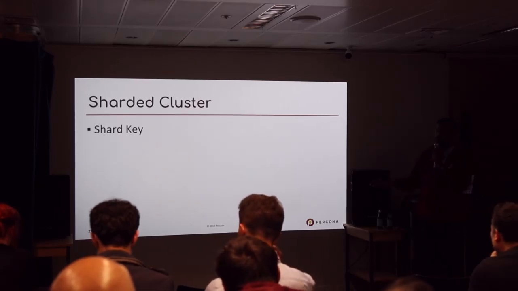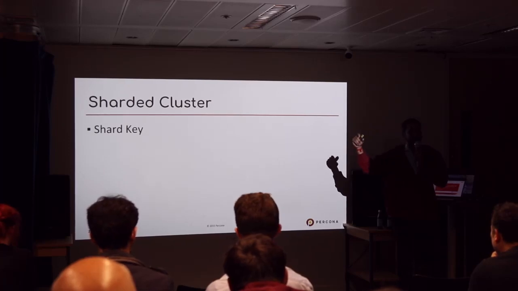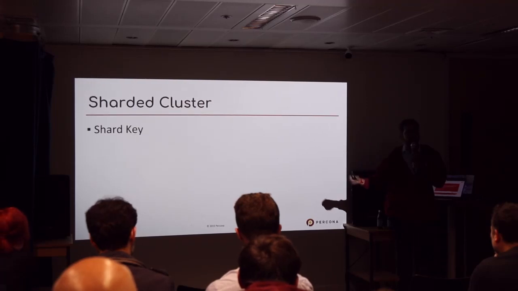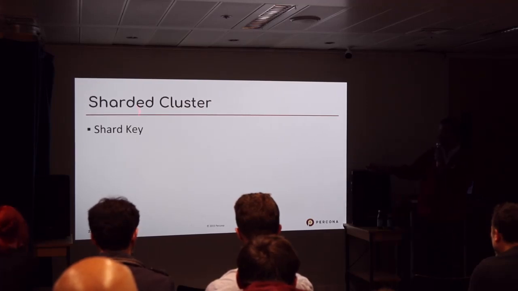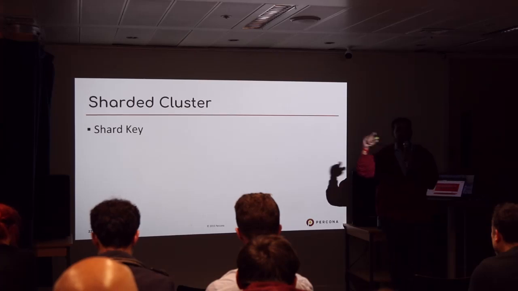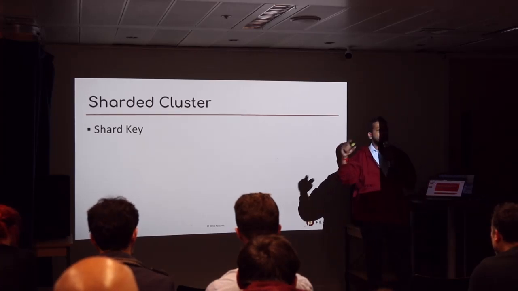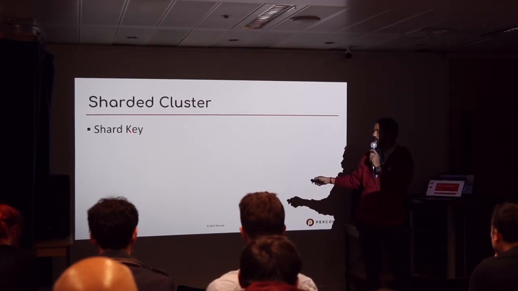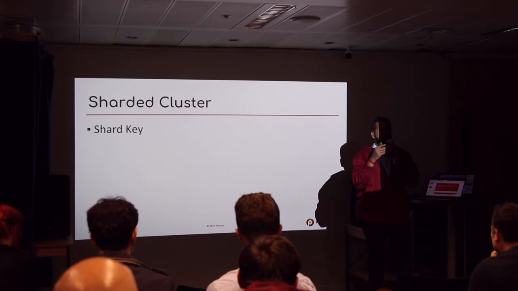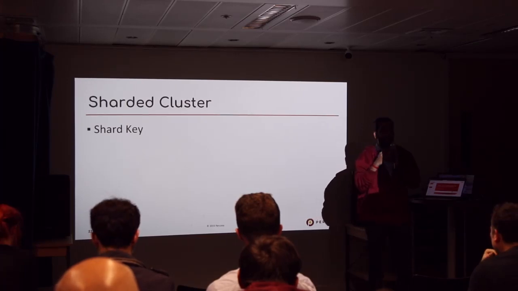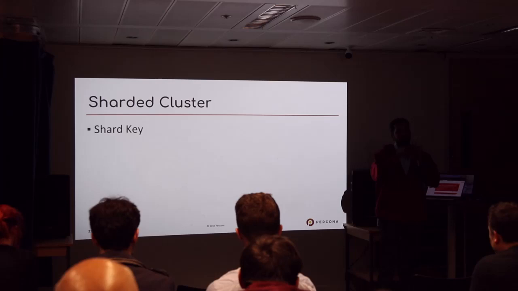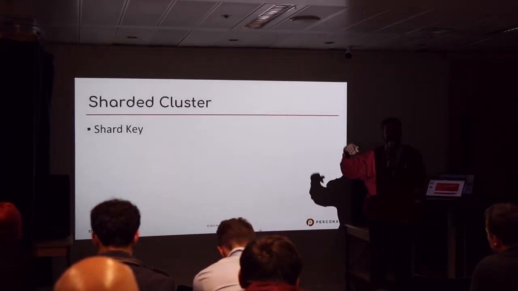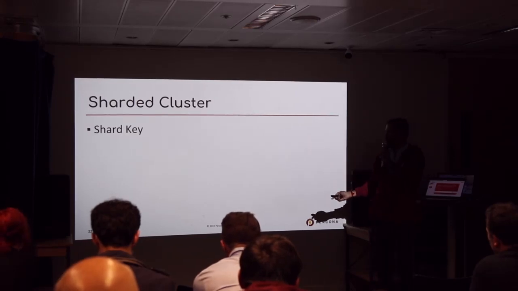How do the data get distributed across shards? That's with the shard key. You create an index on the particular collection, and you mention that as the shard key. That index decides, for example, if you have an index on ID, that IDs 1 to 10 go to shard 1, and 11 to 20 go to shard 2, something like that.